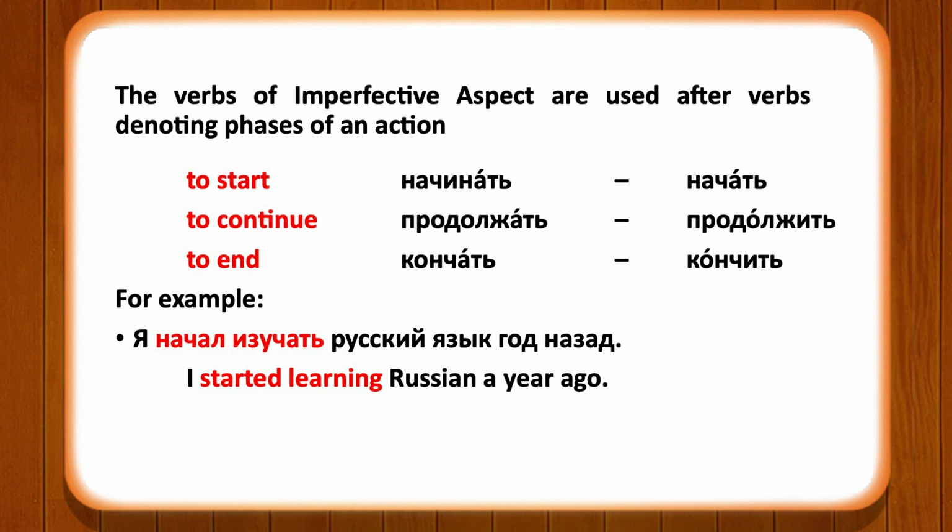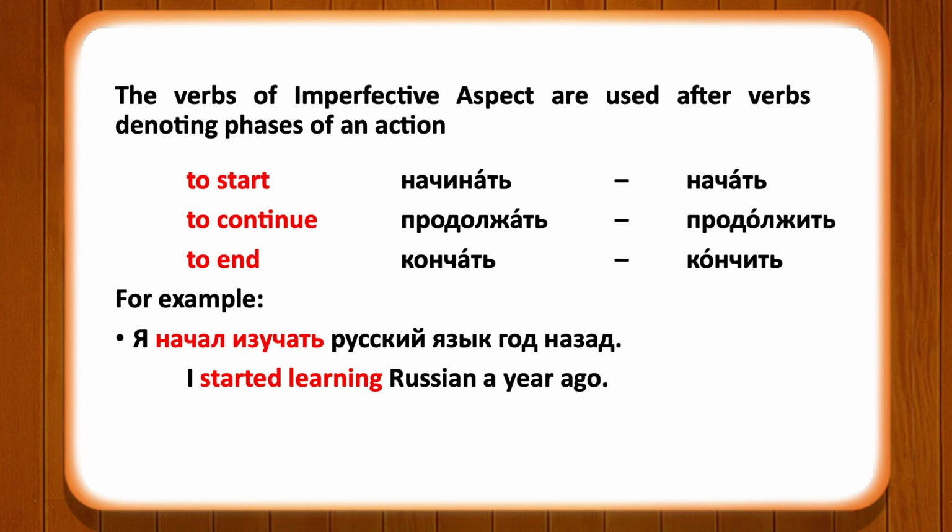So, to start in Russian is denoted by verbs начинать, начать. Начинать, начать. It means to start. So, the second verb that you will be using with these verbs will be only of imperfective aspect.